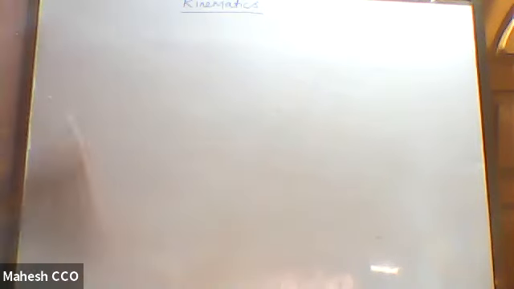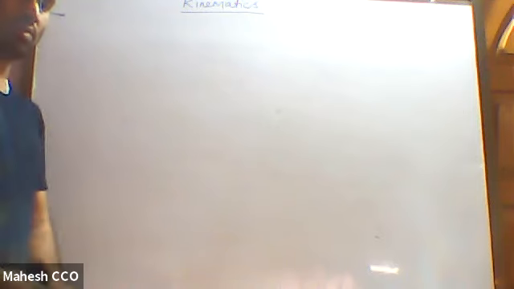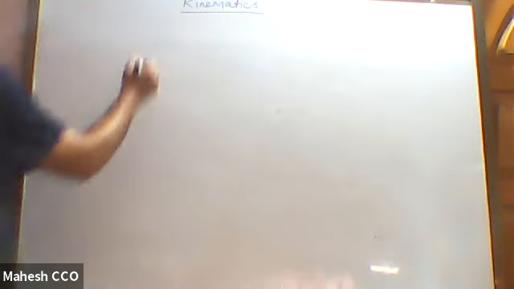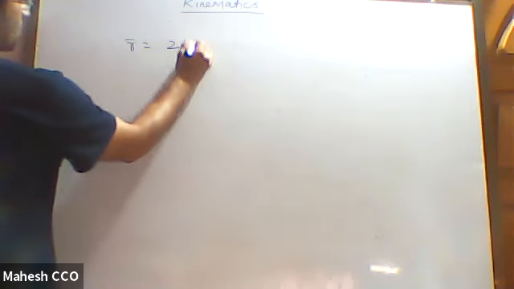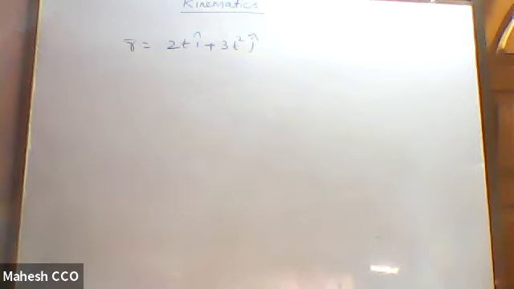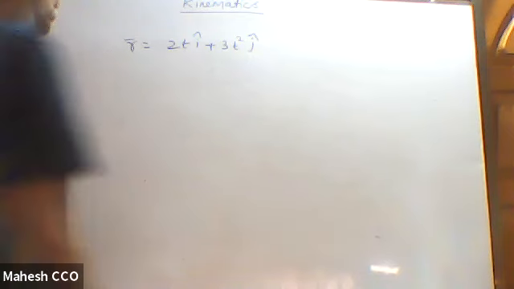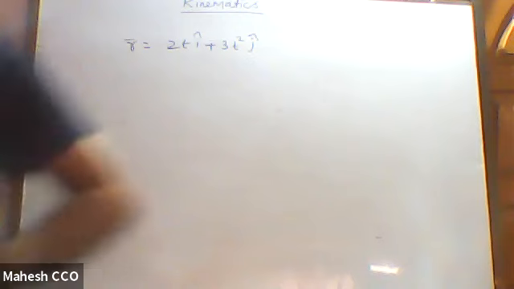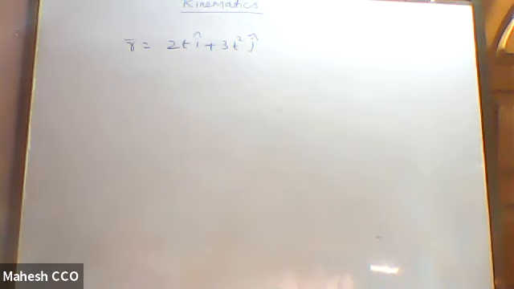Now, after solving that problem, we have to solve many problems actually. Typically you will be given the position vector in different ways. So they will give you r bar is equal to 2t i cap plus 3t square j cap. Then they will ask you to find the velocity at some instant, or find the displacement by some instant like that.